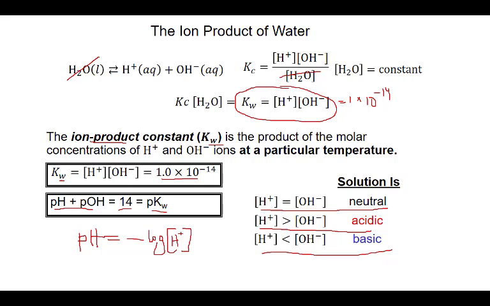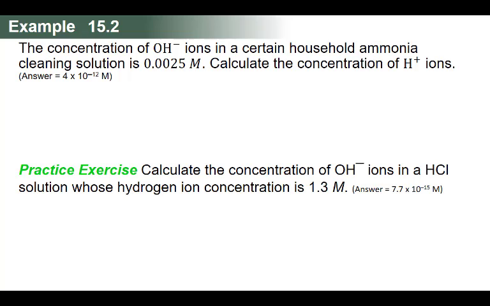Okay, so I hope you understand all these formulas and the relationship between pH and pOH. So we can proceed to the solution of the problems. Here in 15.2 he is asking to calculate the concentration of the hydrogen ion, and hydroxyl ion is given, that is 0.0025.